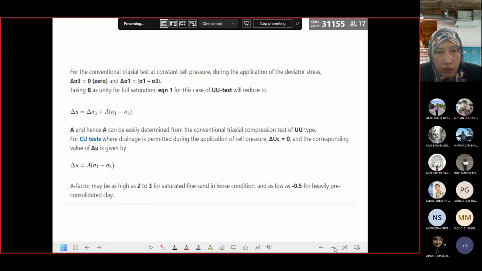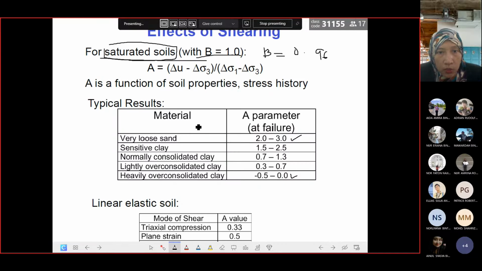Somehow the value of B dengan A tu can be simplified dengan menggunakan typical data yang ada lah. Contoh kalau you ada very low sensitivity, so A typical value at failure is 2 to 3. Kalau you ada fully saturated dengan B is equal to 1, so you kena dapatkanlah what is the parameter A.